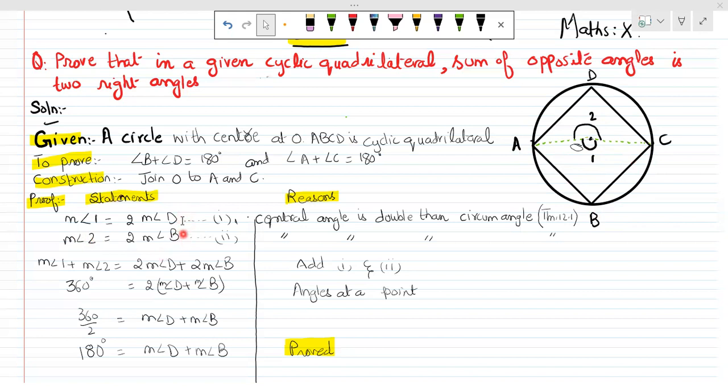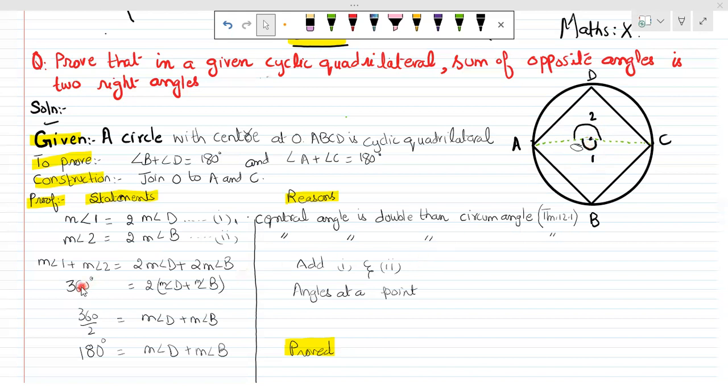So now we have got these two results, 1 and 2, and if we add the left hand sides, we have to add the right hand sides. We are adding angle 1 and 2, and the right hand sides 2 angle B plus 2 angle D. Angle 1 and 2, as we can see, if we add these two angles, the sum of all the angles at a point will be 360 degrees.